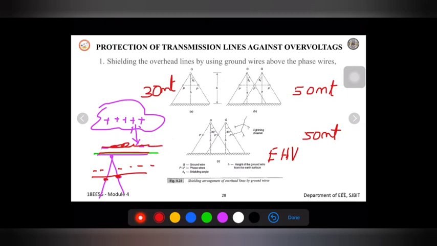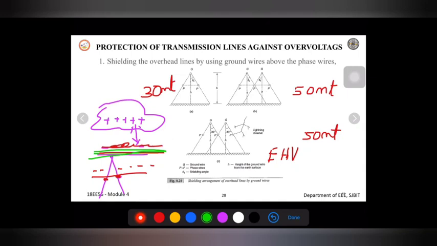If you have a ground wire at the top of your phase wire, what happens? Whatever charge is present will directly go to the ground wire, and the line conductor will only get induced charges. So there won't be a direct connection between your cloud and the phase wire. There will be only induced charges present within the transmission line.